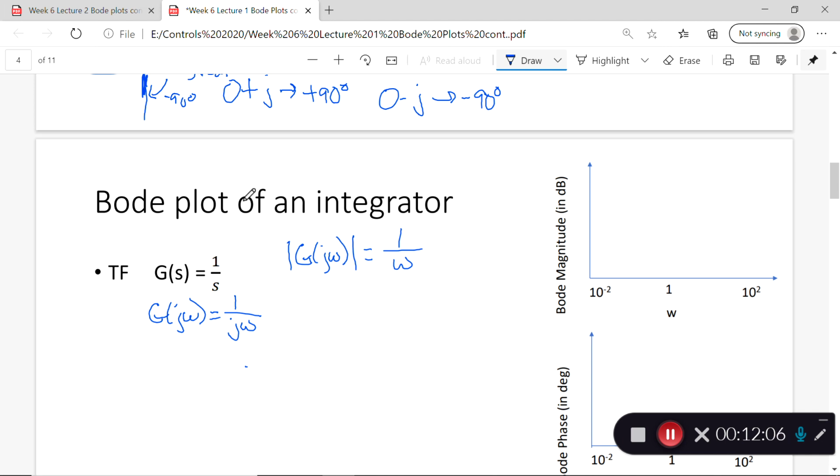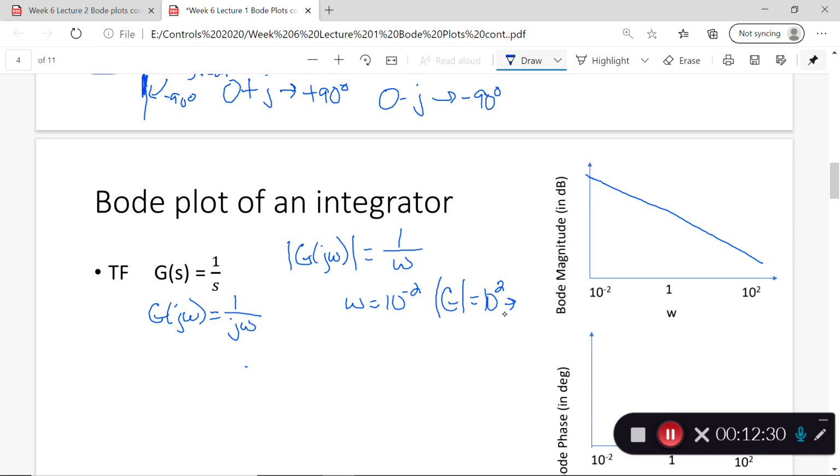Okay, so I expect that to have a graph of what? Magnitude versus frequency. As frequency increases, magnitude is going to decrease. At 10 to the negative 2, when omega is 10 to the negative 2, plug that in here. My transfer function becomes 1 over 10 to the negative 2, which becomes 10 to the 2.